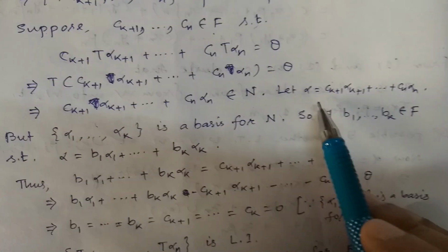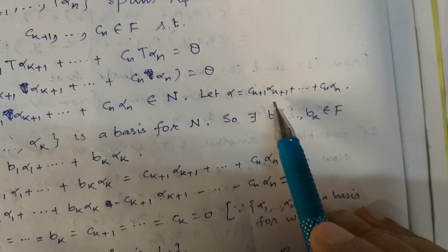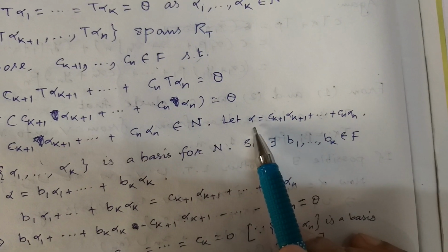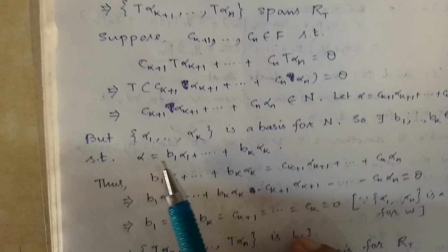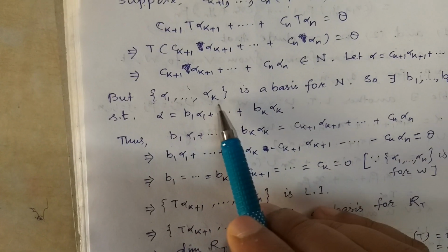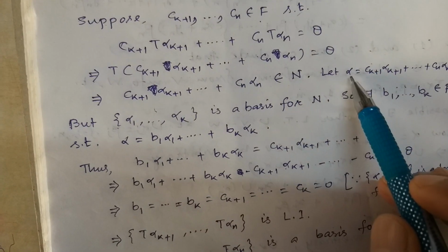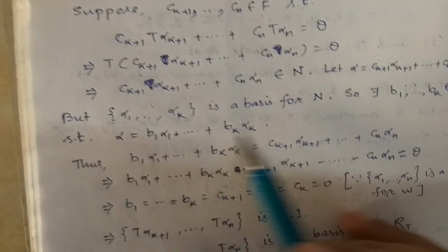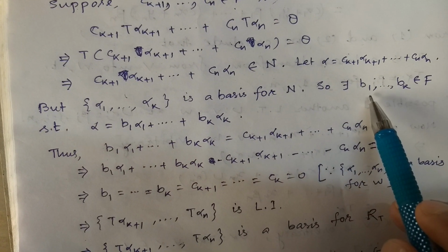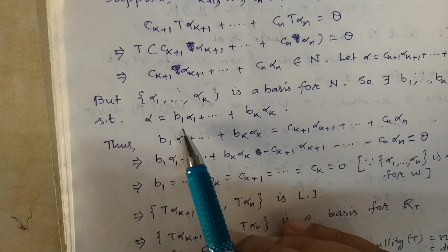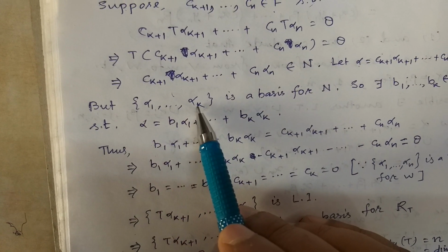Now suppose this element is named alpha. But alpha 1, ..., alpha k is the basis of N. So this alpha must also be represented as a linear combination of these. That means we will get some scalars beta 1, ..., beta k in F such that alpha equals beta 1 alpha 1 plus ... plus beta k alpha k.